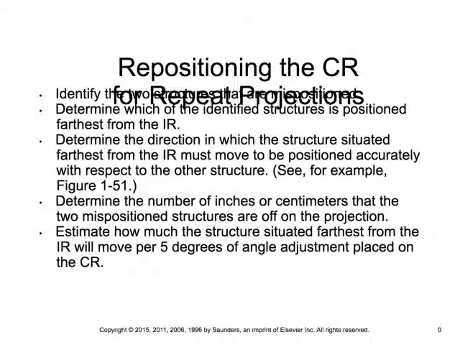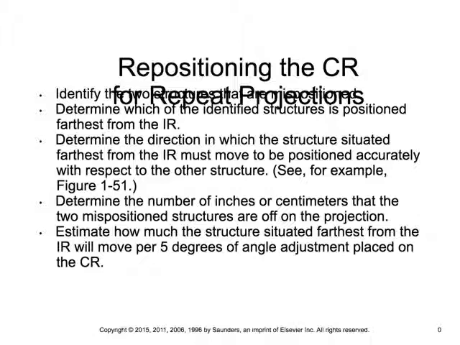And then we're going to determine the number of inches or centimeters to which we're off. We can apply measuring tools from the CR workstation or from the DR workstation. We should have some measurement tools at our disposal. And then we will estimate how much the structure situated farthest from the IR will move per 5-degree angle adjustment placed on the CR.